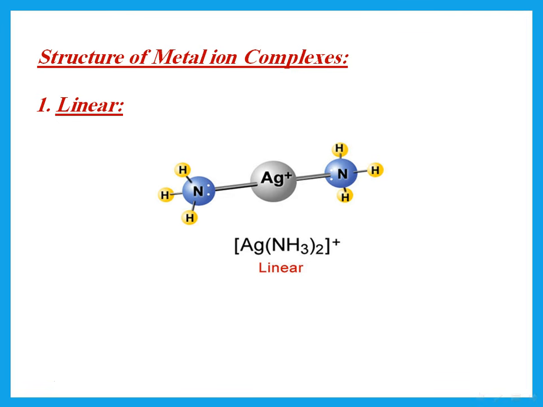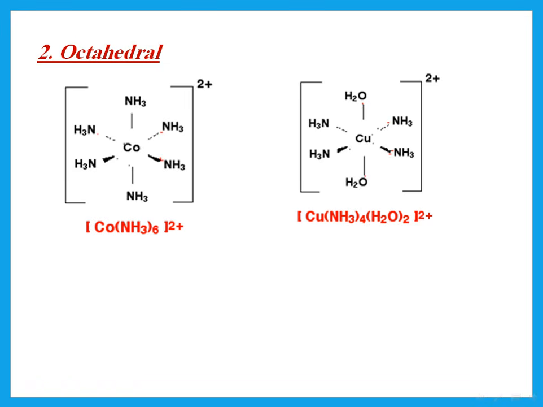Okay, what is the structure of the complexes? Now, that depends. If we have something bonded to 2, then this is linear. So the silver ammonia complex here is a linear molecule. If we have the central atom bonded to 6 ligands, so it has 6 dative bonds, then its structure would be octahedral.